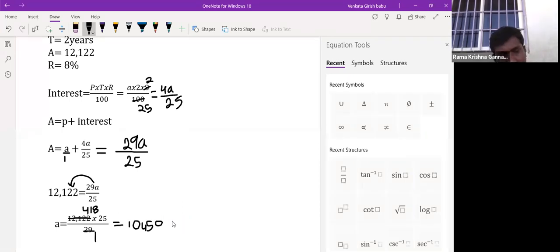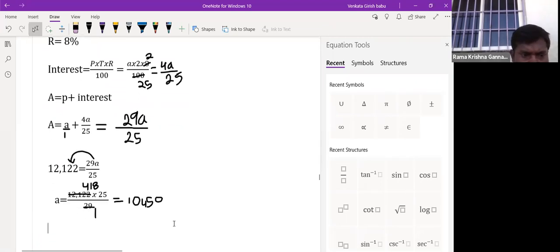Now he wants the principal value; small a means principal. So he wants the amount value.